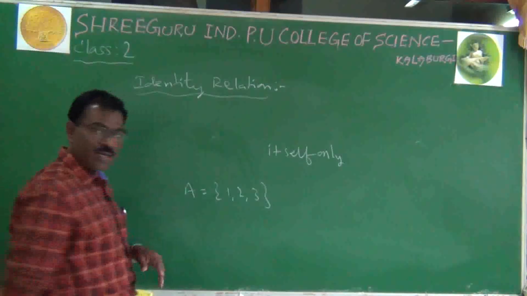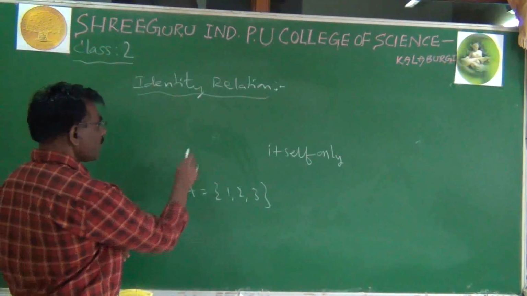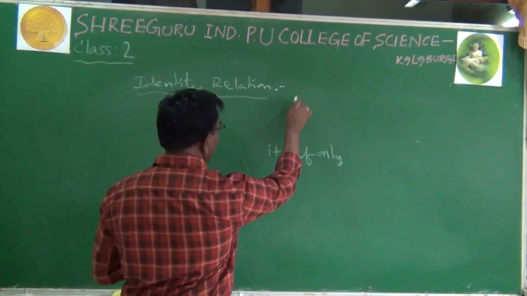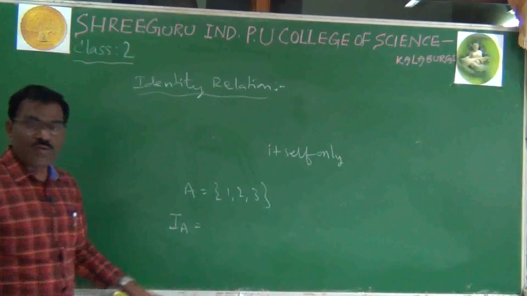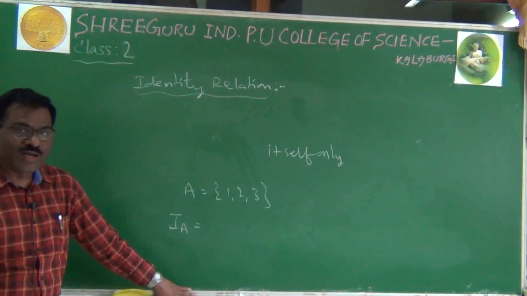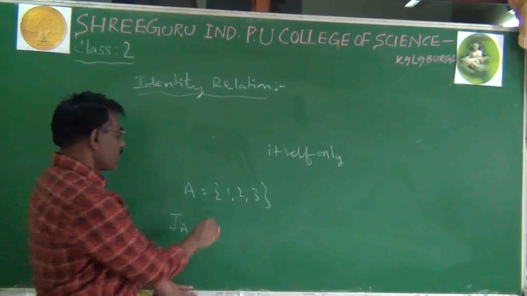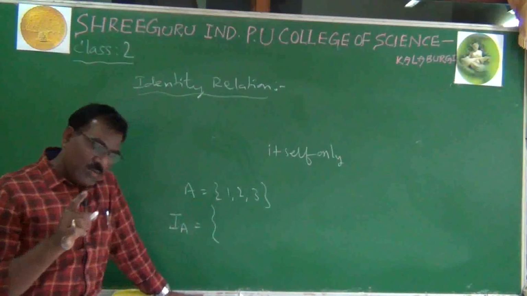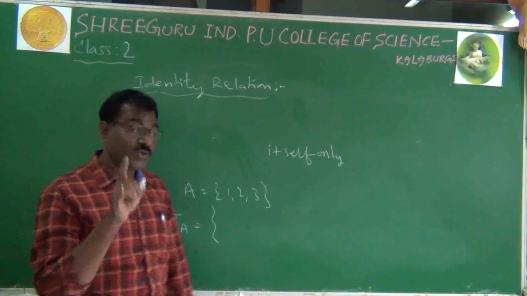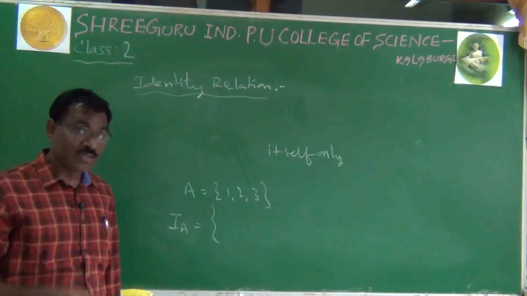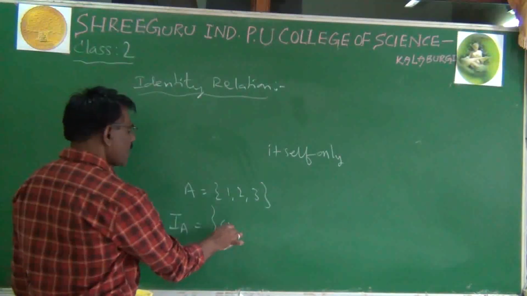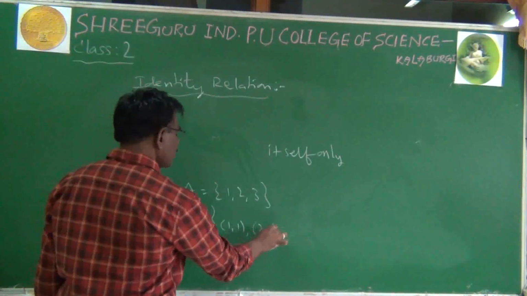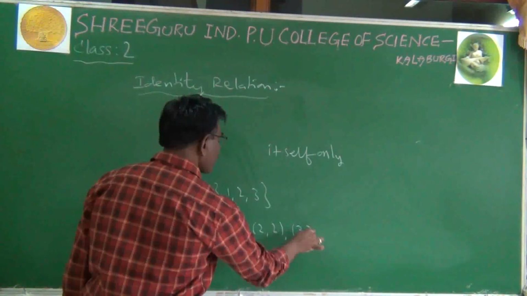The identity relation is denoted by I_A. Every element is related to itself only, so it is (1,1), (2,2), (3,3).